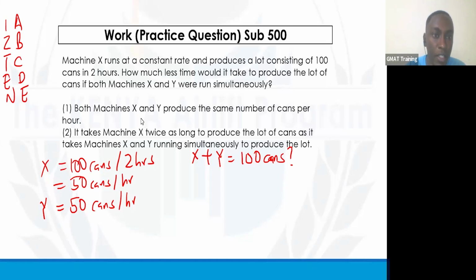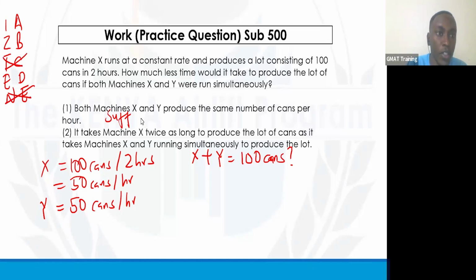After finding that, you can determine how much less time it will take. So in that case, this is sufficient. We don't have to do the calculation. That's the beauty of the DS questions. If it's sufficient, then you don't have to combine the statements. So C and E are out.